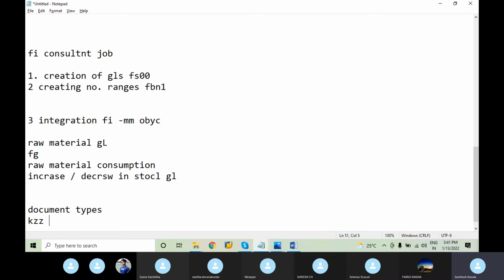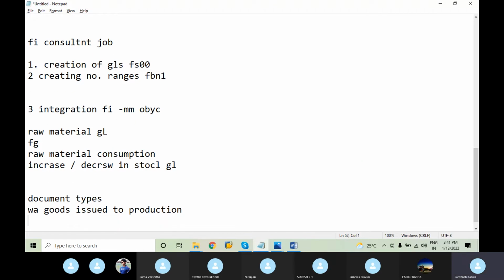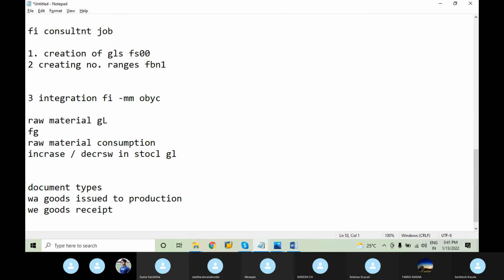As such, even in MM also we have some document types, which is WA, that is known as goods issued, goods issued to the production, and WE, which is known as goods receipt, and RE, which is invoice receipt.